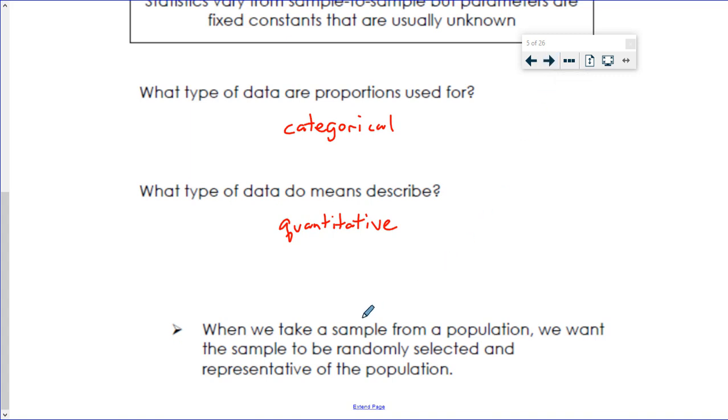All right. So, for instance, if I wanted to figure out the average grade in my class, I wouldn't pick the 5 highest graded students in my class and say, hey, an average student in my class has a 97 or a 98. My data would not be accurate if I did that. All right. So I would want to randomly select students.